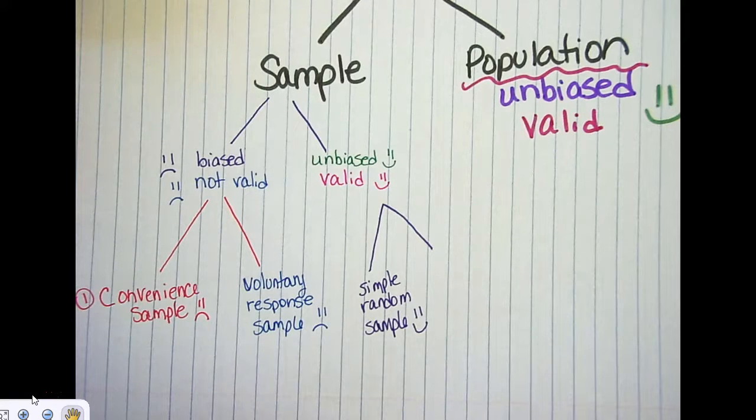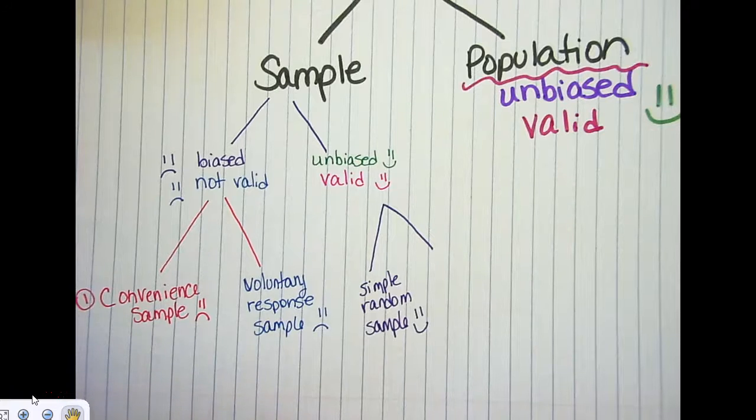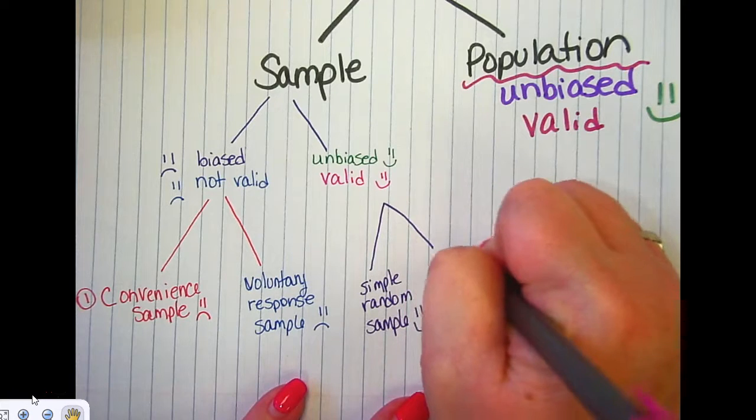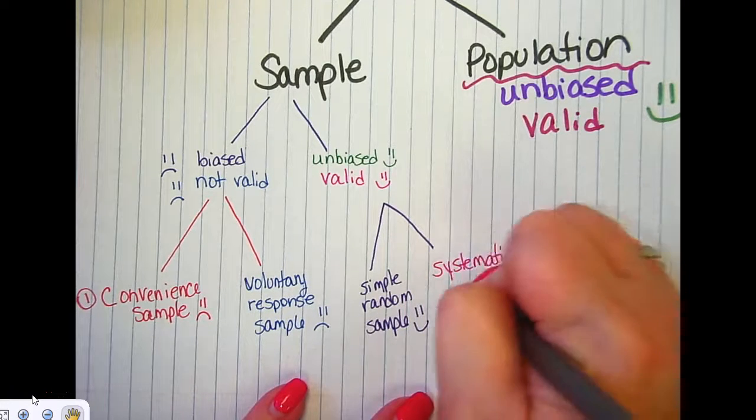The other kind is a systematic random sample. And that's where you have a system in place. So that could be where I went to every 7th grade class and asked maybe 4 boys and 4 girls. That's putting a system in place. So systematic random sample.